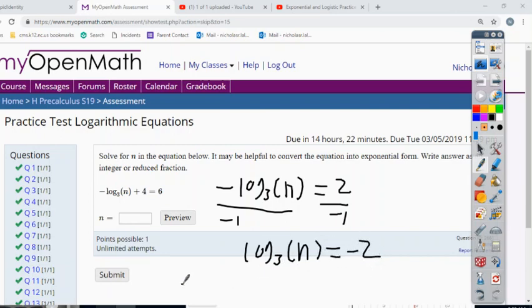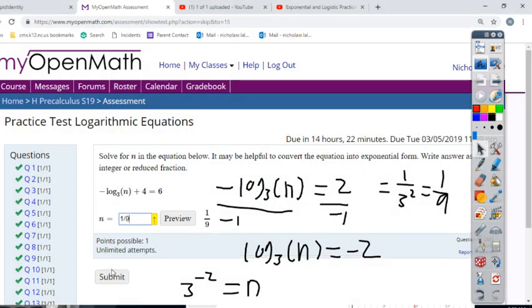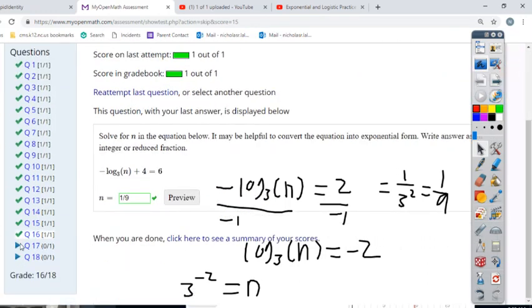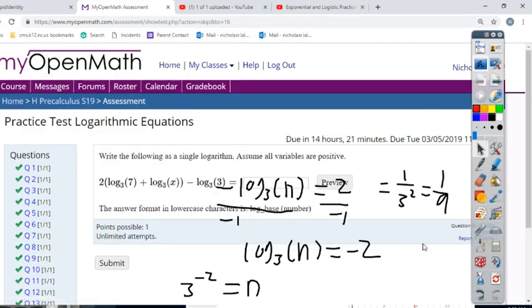All right, 3 to the negative 2 is equal to n. And 3 to the negative 2, that's equal to 1 over 3 to the 2, which is equal to 1/9. So our answer is 1/9. Hit submit. 2 more questions left. Clear annotations.